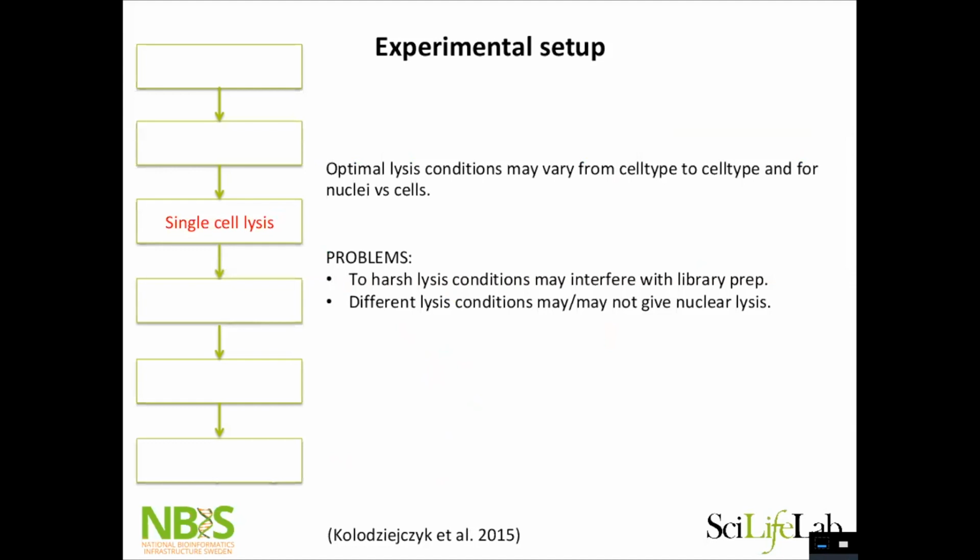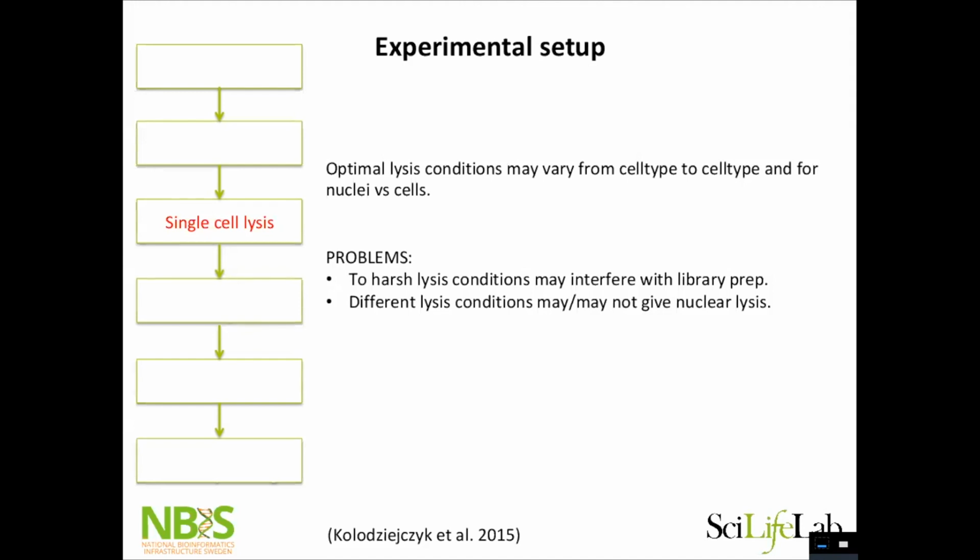And then, once we have sorted them, we need to lyse the cells. Now, when you run 10x, it's all a kit that you run, and you don't really know what's happening in the background. But it actually makes a difference for different cell types. They might require different lysis conditions. If you're working with SmartSeq2, doing it on your own in plates, you can optimize this. I know people are trying to do it on plants, for instance, where you have to break cell walls, and then lysis conditions versus what damages RNA and what interferes with the library prep is important.